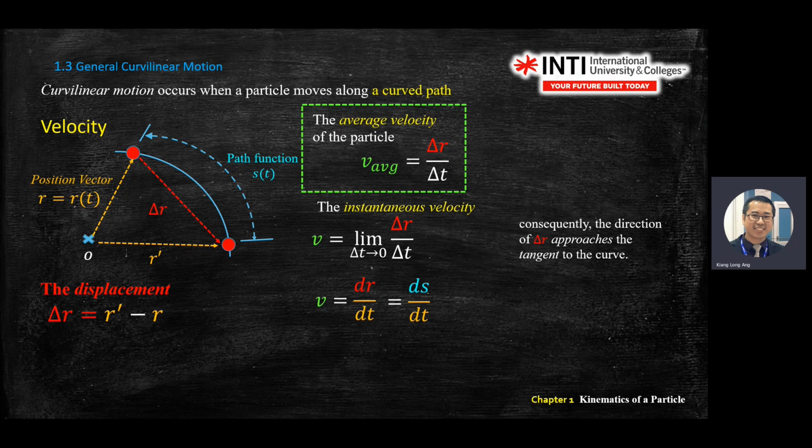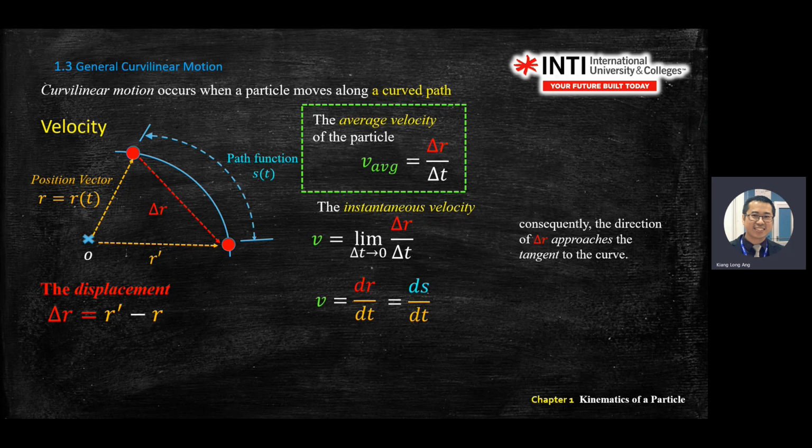For this curve, the distance travelled on the curve, ds, we can equate the change in red, delta r, with the same blue arc.